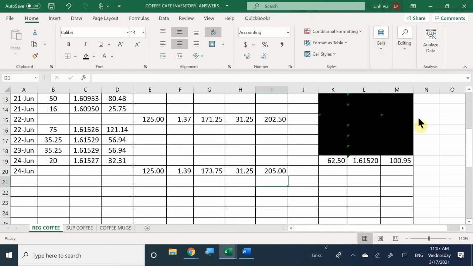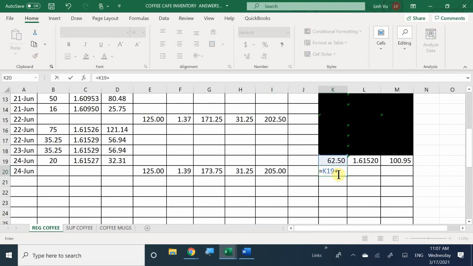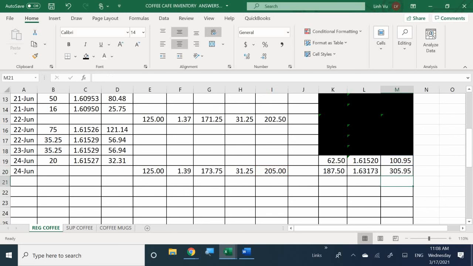So let's update my inventory. So now I should have a grand total quantity of 187.5, and my new total cost is 305.95, which is exactly what we have in our ledger.